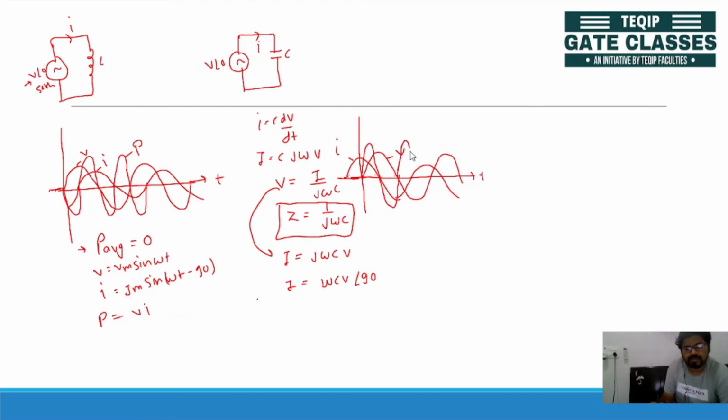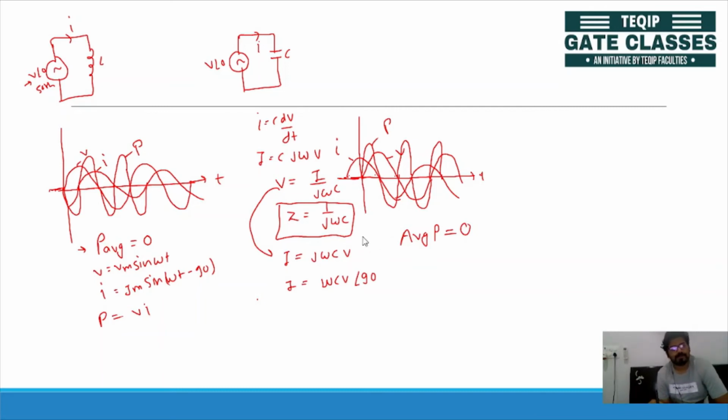From here to here, power positive, then negative, then positive. So again you will get your power waveform alternately positive and negative. Then again your average power here will be equal to 0 for the full time period.